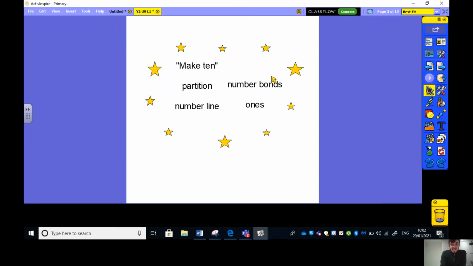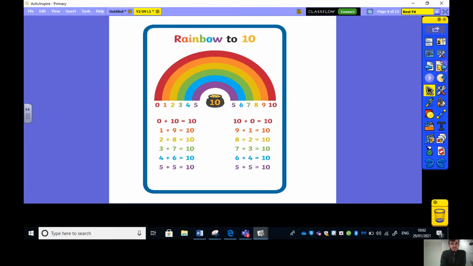Okay, and before we start today's lesson, we need to review our number bonds. 0 add 10 equals 10. 1 add 9 equals 10. 2 add 8 equals 10. 3 add 7 equals 10. 4 add 6 equals 10. 5 add 5 equals 10. 10 add 0 equals 10. 9 add 1 equals 10. 8 add 2 equals 10. 7 add 3 equals 10. 6 add 4 equals 10. 5 add 5 equals 10.